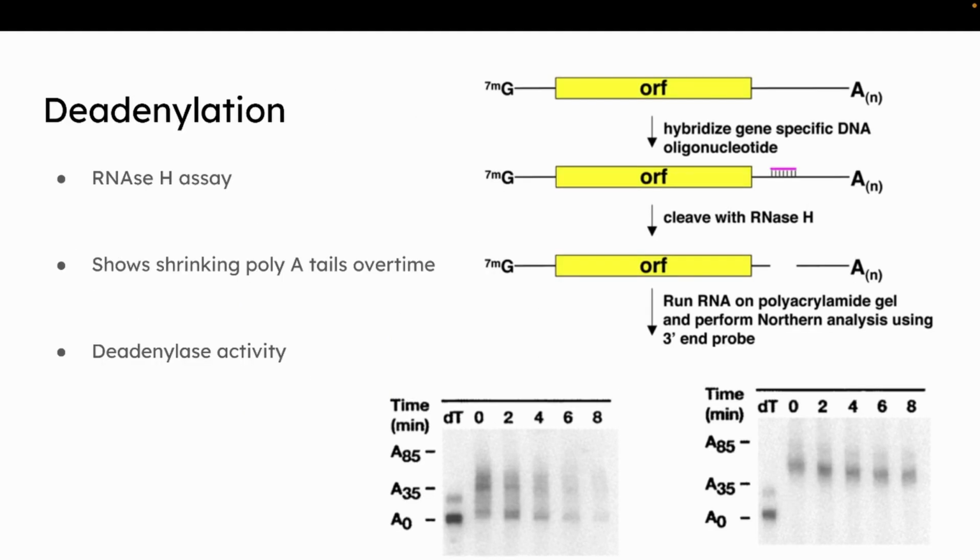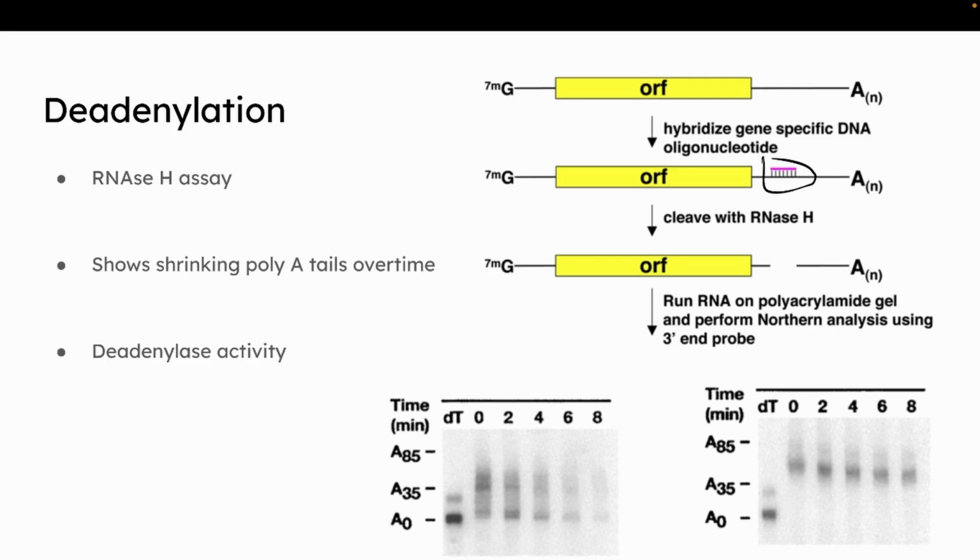So that's pretty cool. But I want to end off with deadenylation, because this is another topic of mRNA instability, right? First, I want to introduce the RNase H assay. Basically, what they do is they take your mRNA and they hybridize, right? You can see here with a probe on a specific oligonucleotide that should be in the region of the poly A tail.